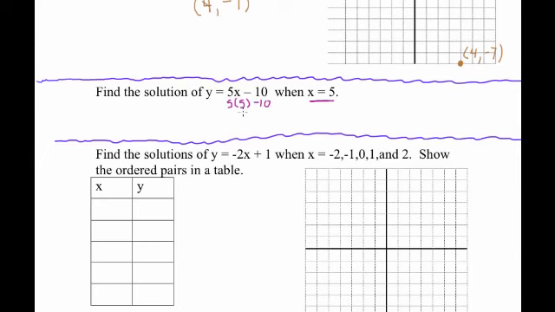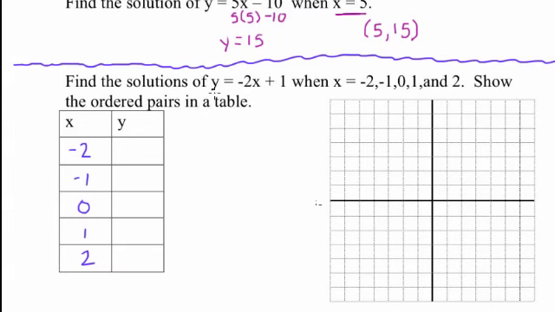Five times 5 is 25, minus 10 is 15. So the y coordinate when x equals 5 is 15. So the solution that goes with x equals 5 is 5, 15, a solution to the equation y equals 5x minus 10.